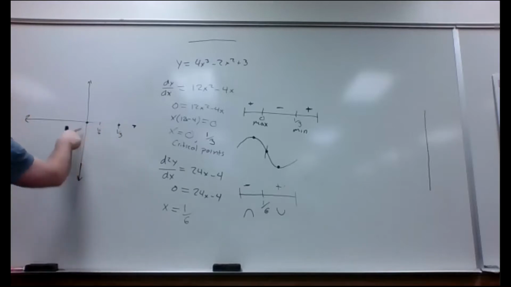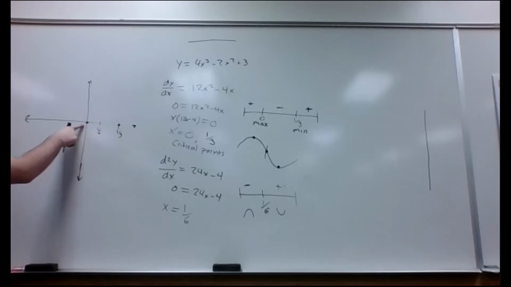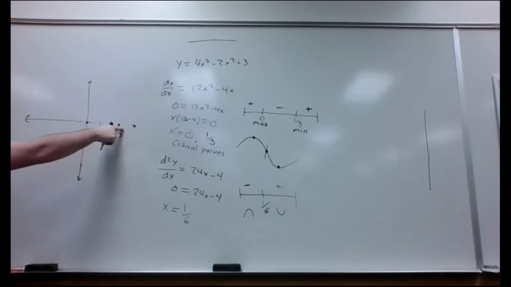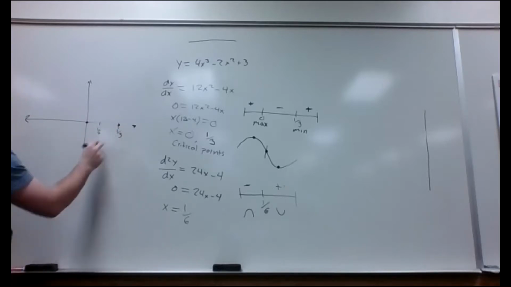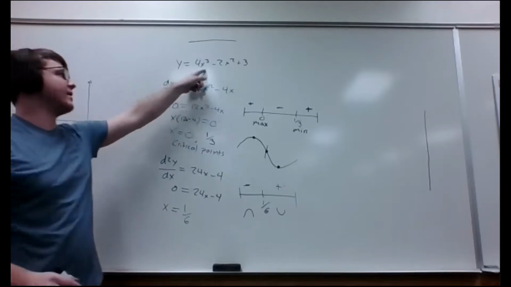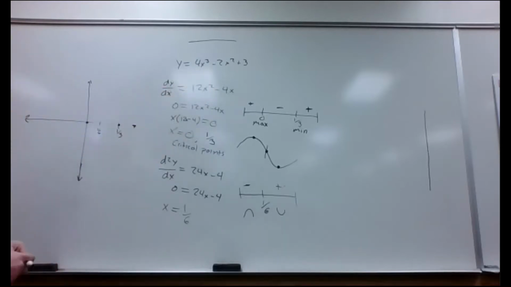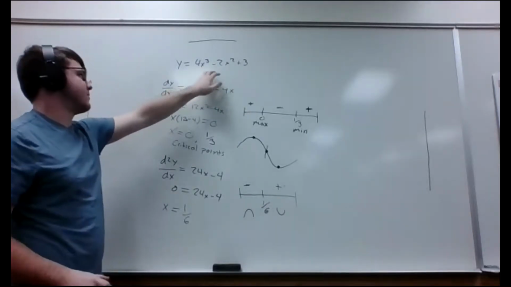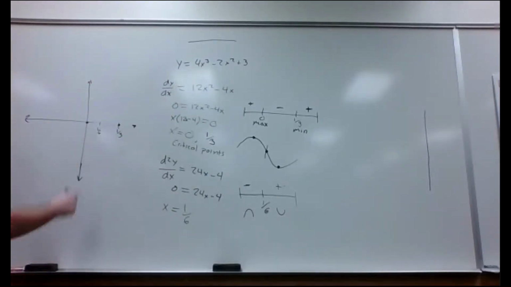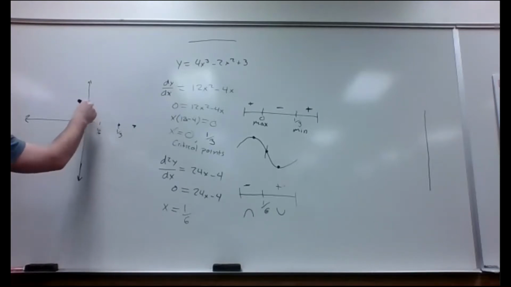And at this, so we know there's a max at 0 and a min at 1/3. But we need to find the actual, so these are just the x values. So we need to actually go find the y values for our graph. And so we have to plug them in to this equation, right? So if we plug in 0, it's pretty simple. We plug in 0, it comes out to be 3, right?